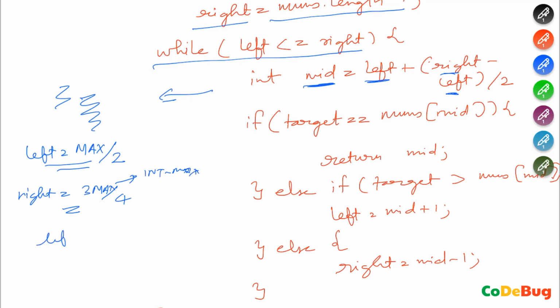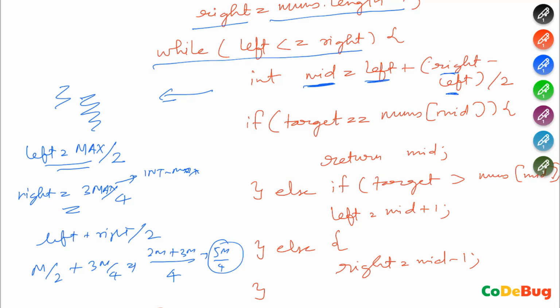If we do left plus right by 2, this becomes max by 2 plus 3 max by 4, which is 5 max by 4. So if we had only left plus right by 2, this would lead to integer overflow, right? That's why we do right minus left.